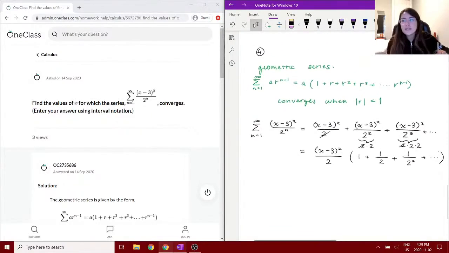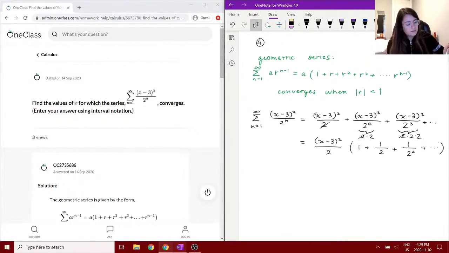So you can kind of see that what we just came up with looks very similar to what we determined up above, right? Just rewrite this as (x minus 3) squared over 2 times 1 plus, if we say that 1 over 2 is r, then we'll have exactly this equation.